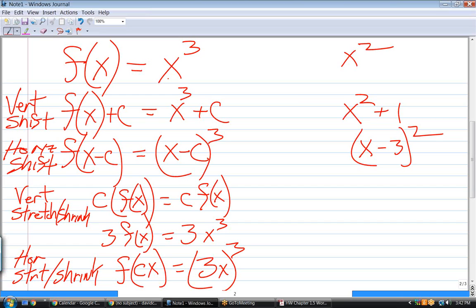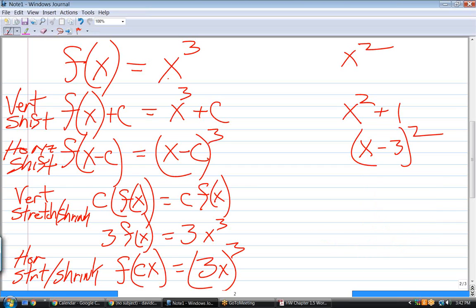Notice that the standard is x minus c. So in our case, c would be a positive 3, which means move to the right. That would look like, instead of this, I'm going to move it over 3 units to the right. Again, no change in shape, only a shift. That's why this is called a vertical shift, and this is called a horizontal shift.